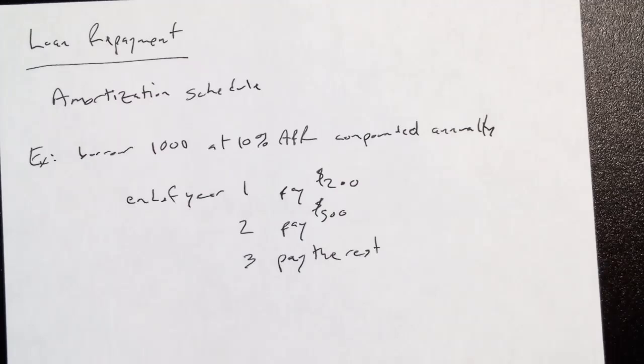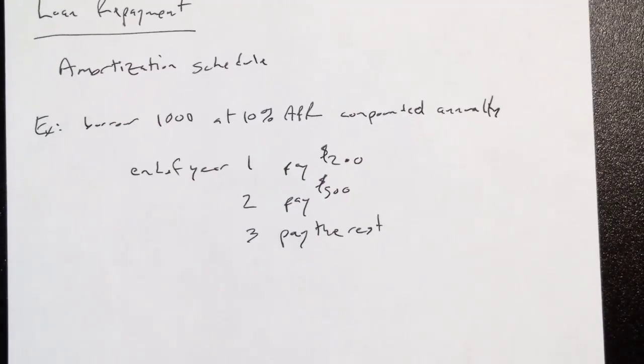So in an amortization of a loan, the lender gets paid first. So if I loaned you $1,000, let's walk through this a payment at a time.